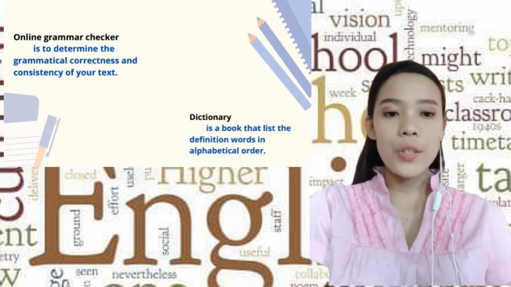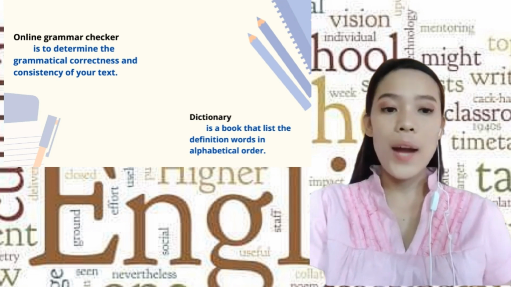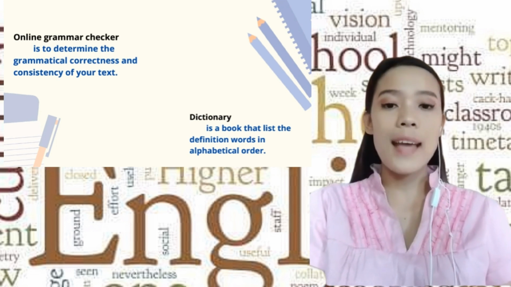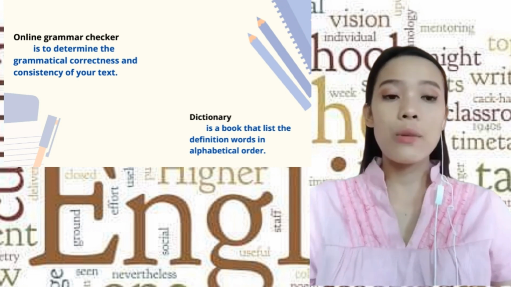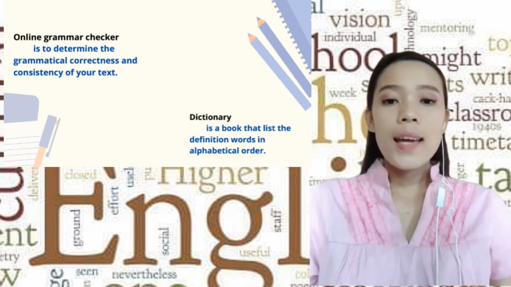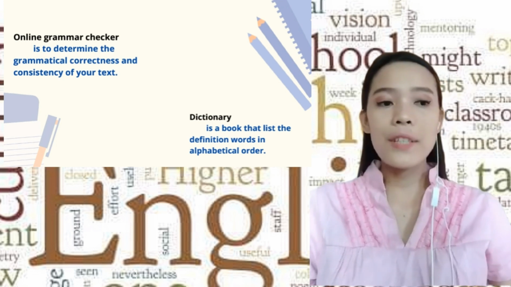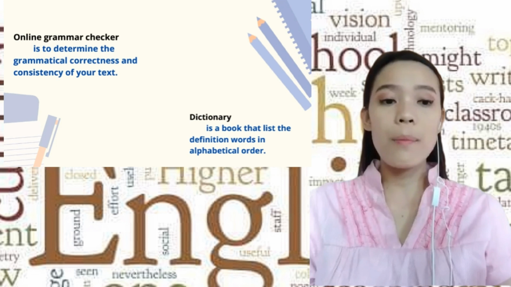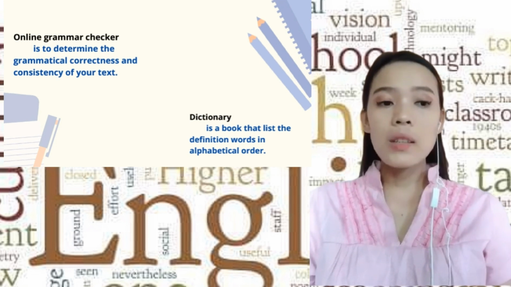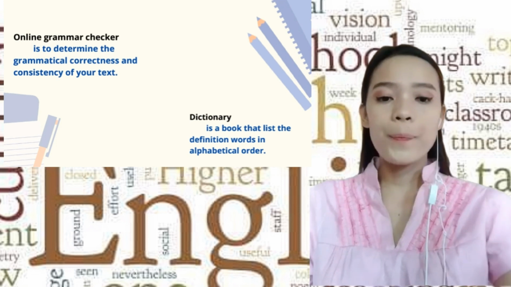An online grammar checker determines the grammatical correctness and consistency of your text. An online grammar checker is very important in writing because it scans your text for every type of mistake, from silly punctuation errors to unnoticed grammatical mistakes, misspelled words, and more.